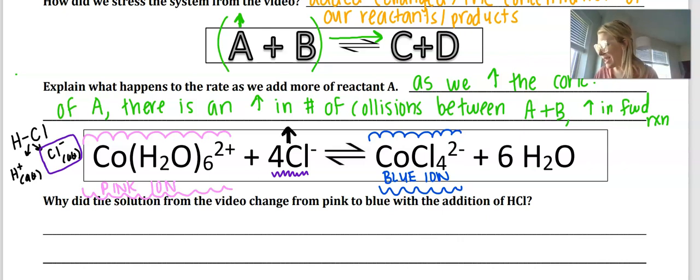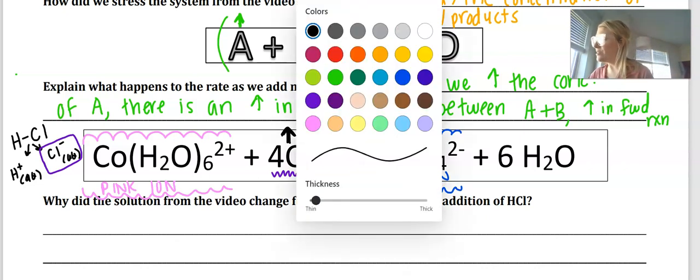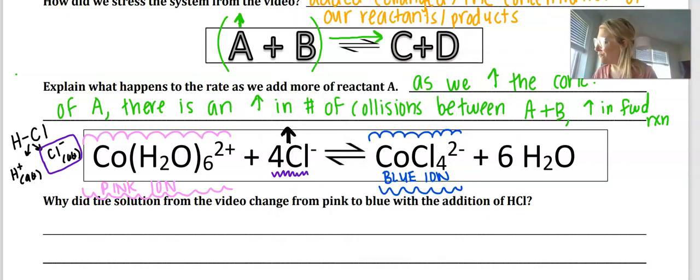Why would it turn blue? By adding chloride, I'm creating an increase in the number of collisions between chloride and Co(H2O)6 2+, and when those two collide more, the rate of our forward reaction increases.